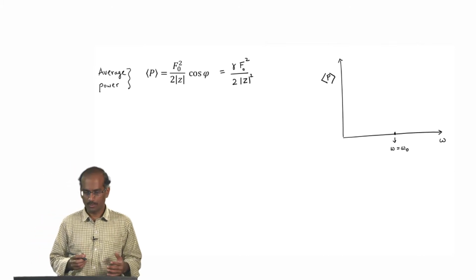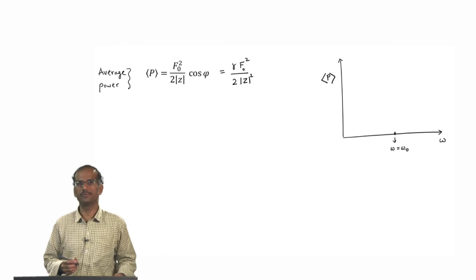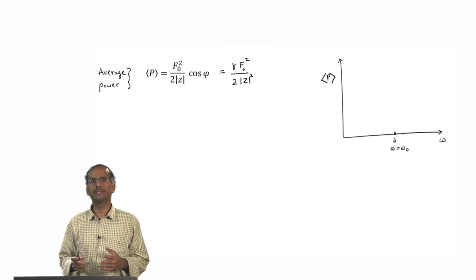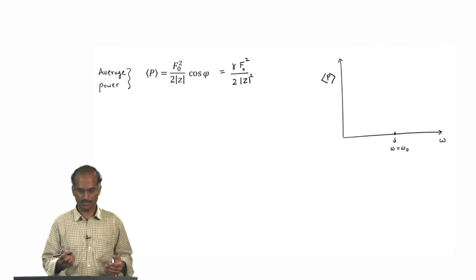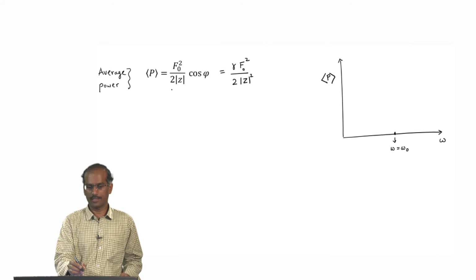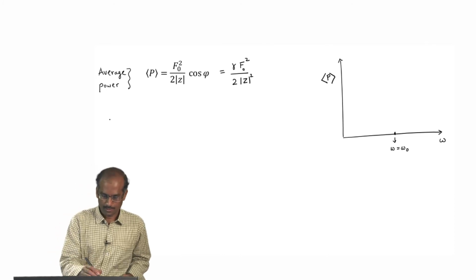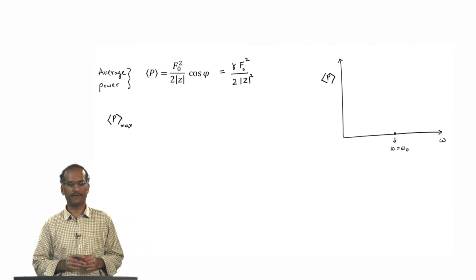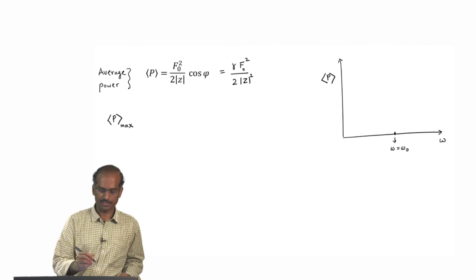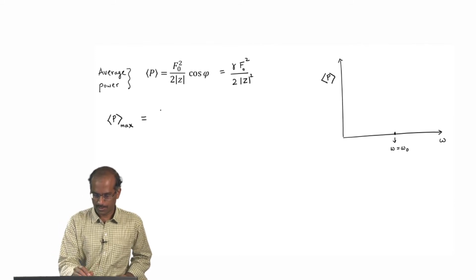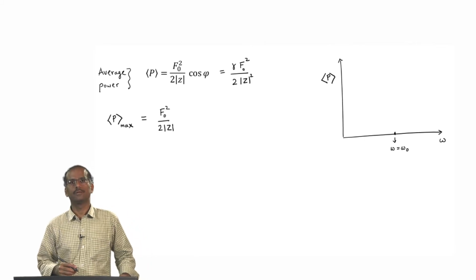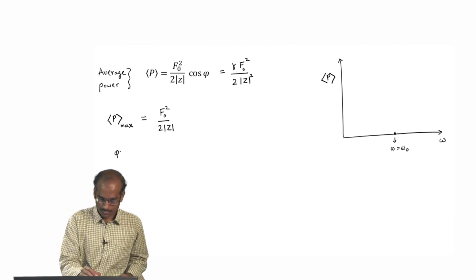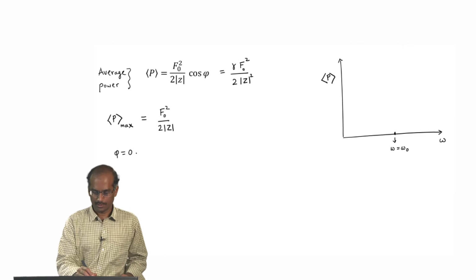In fact, you will notice that when omega equal to omega 0, that would be the case when cos phi is equal to 1, as we shall see now. And clearly from the formula that is written down here, the maximum of the average power, which I indicate by average P max here, would simply be equal to f 0 square by twice mod z, corresponding to phi being equal to 0, in which case cos phi is equal to 1.